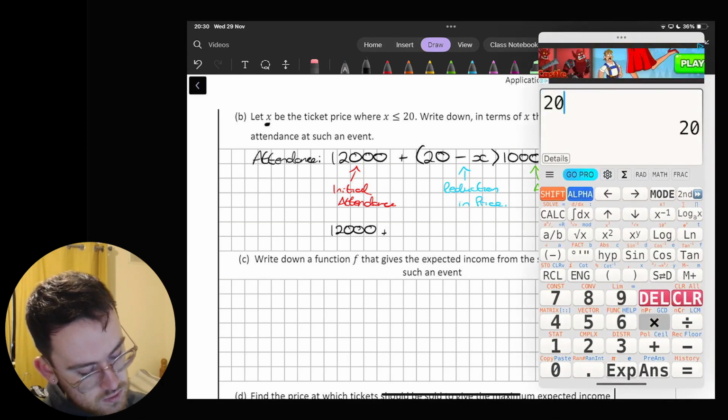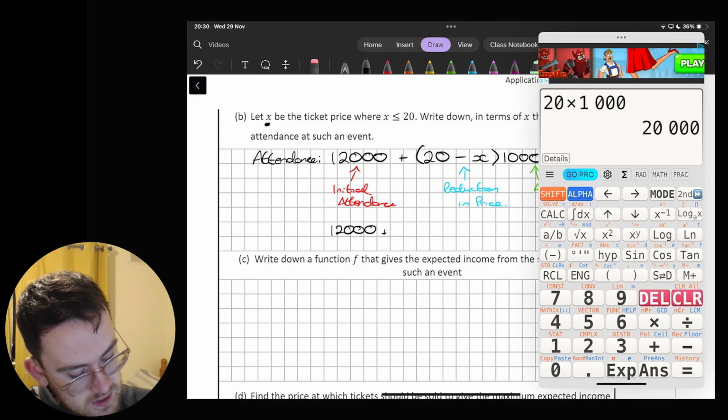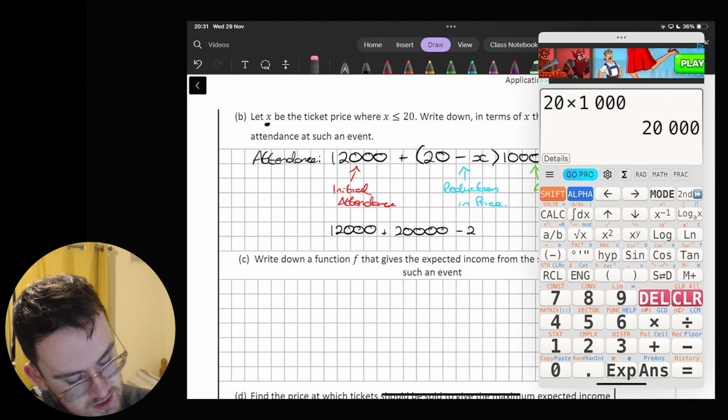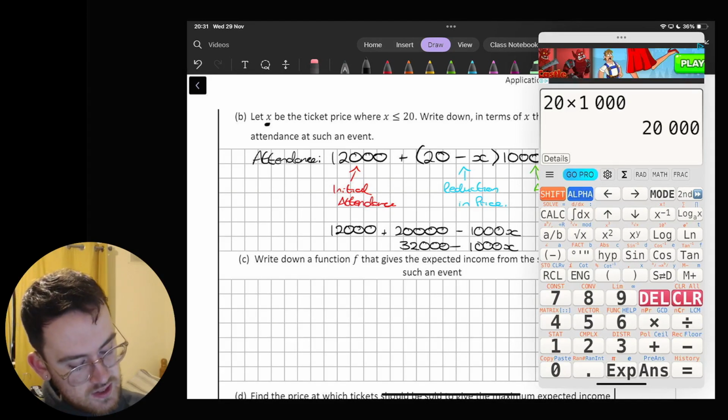So 20 by 1,000 gives me 20,000 minus 1,000x. So 32,000 minus 1,000x.